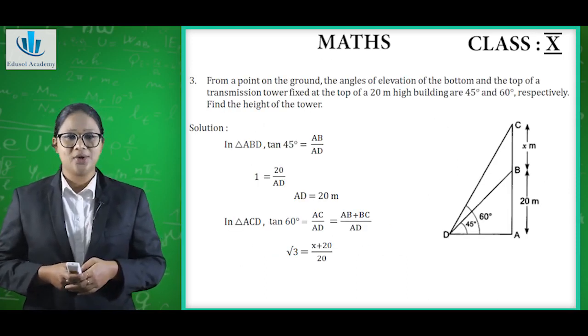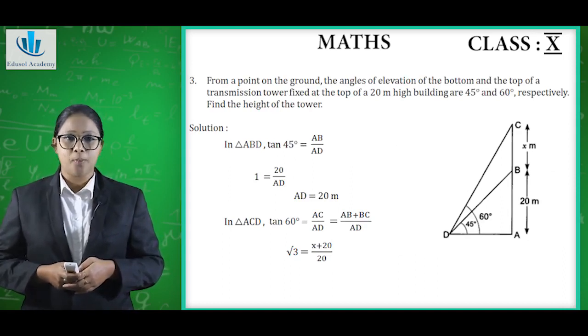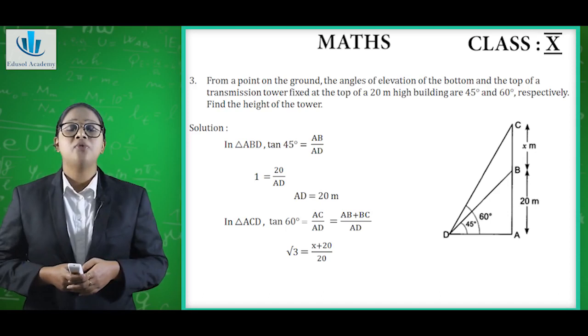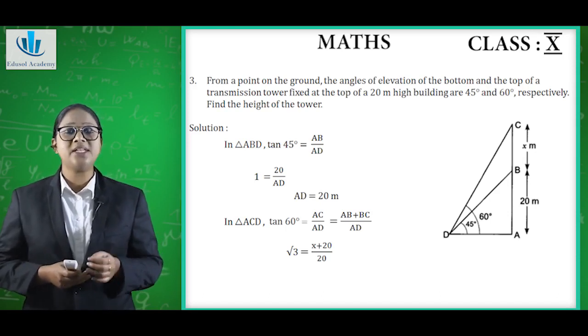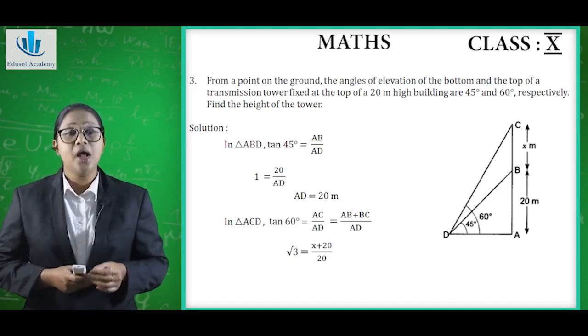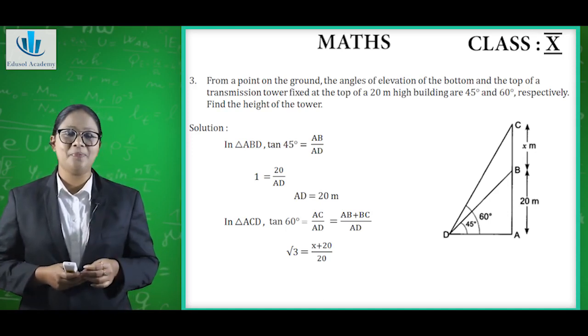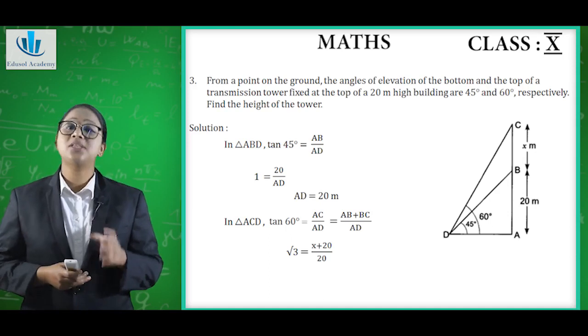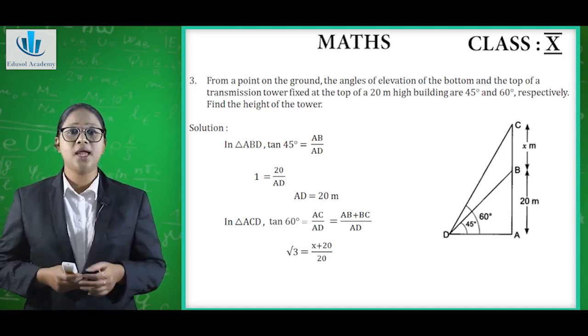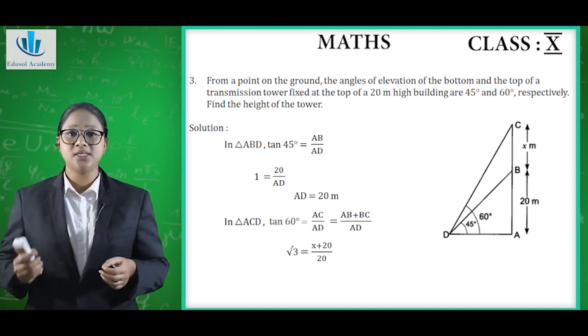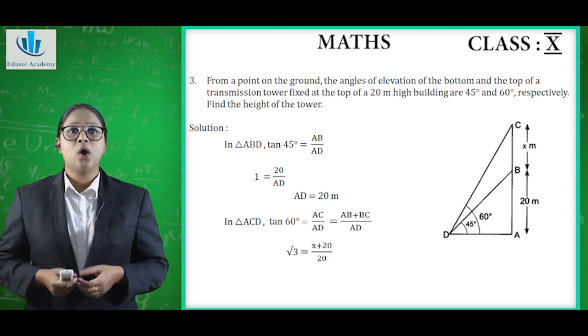From a point on the ground, the angles of elevation of the bottom and top of a transmission tower fixed at the top of a 20-meter high building are 45 degree and 60 degree respectively. Find height of the tower. So I'll repeat it again. From a point on ground. So let this be the point on the ground.